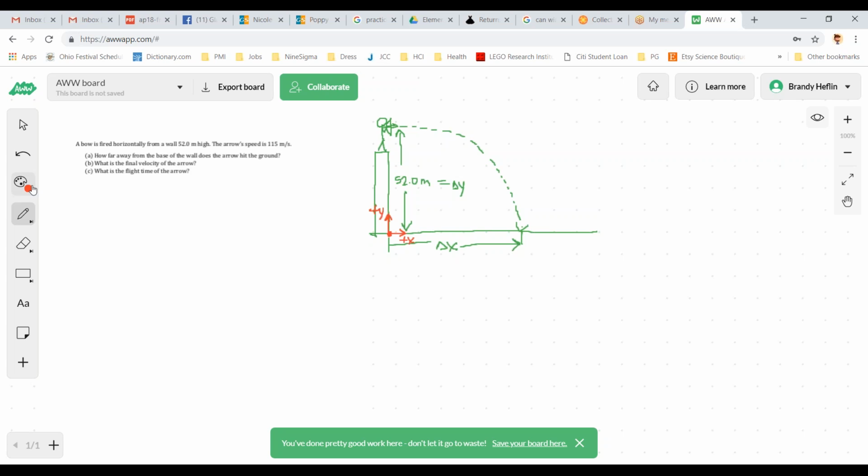Oh yes, and I forgot one important thing, which is also helpful to label: the arrow is going to have an initial x velocity because it's launched, it's fired horizontally. It's going to have an initial x velocity of 115 meters per second, like so.